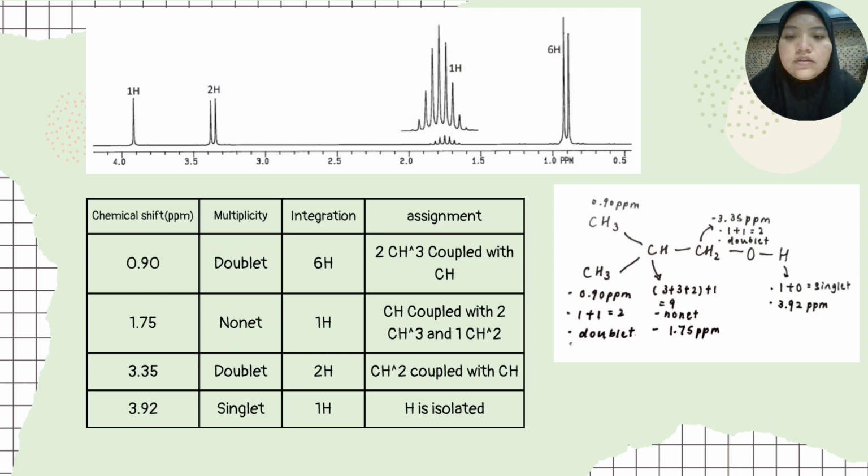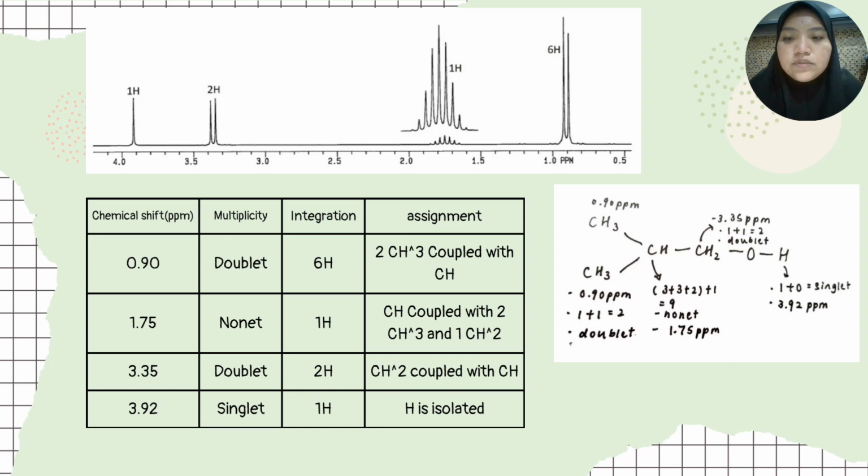So for the first one, 0.90 from the right side, from the upfield, we get multiplicity doublet, integration 6, assignment 2CH3 coupled with CH, and then 1.75, multiplicity nonet, integration 1H, and the assignment was CH coupled with 2CH3 and 1CH2.